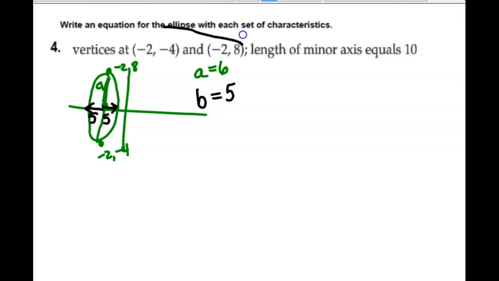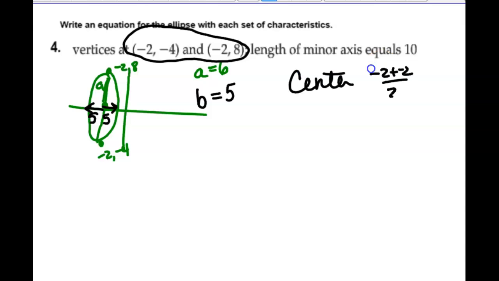Okay, before we go any further, vertices, how do we find the center? Okay, so the center is at -2 plus -2 divided by 2 is -2. And -4 plus 8 is 4 divided by 2 is 2.